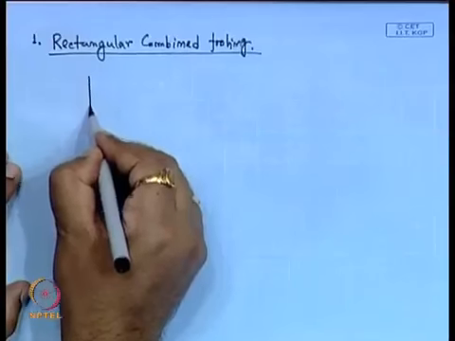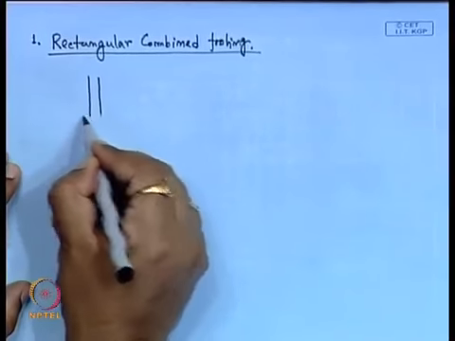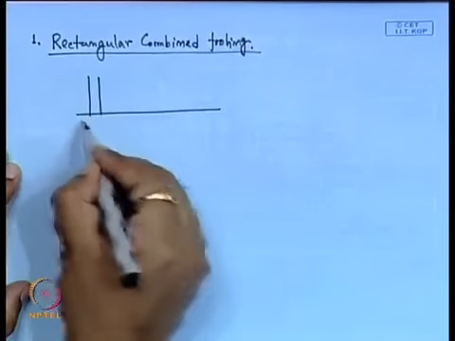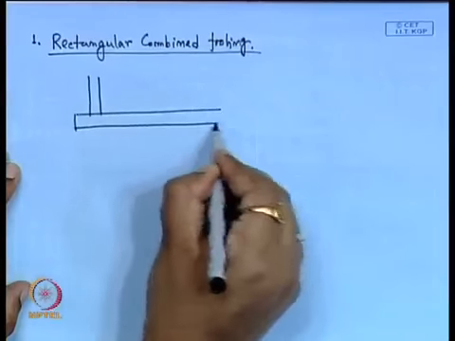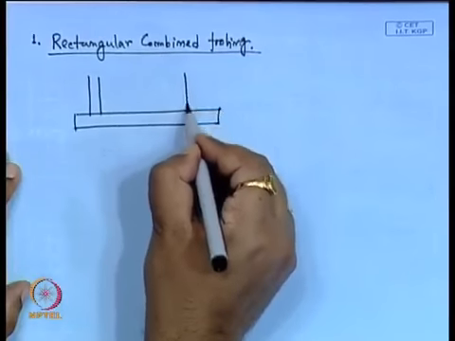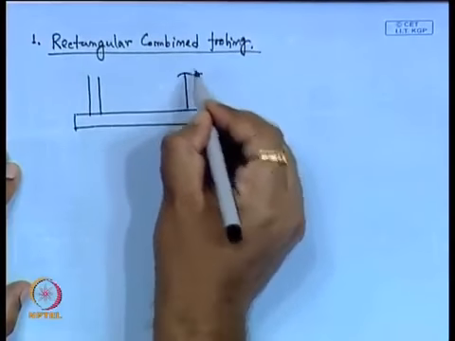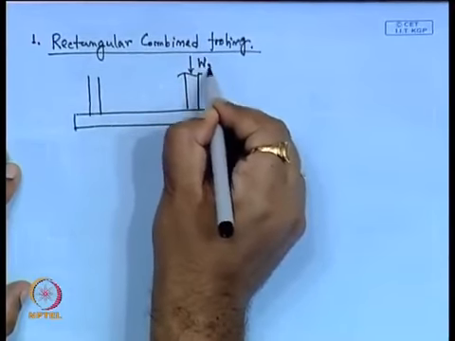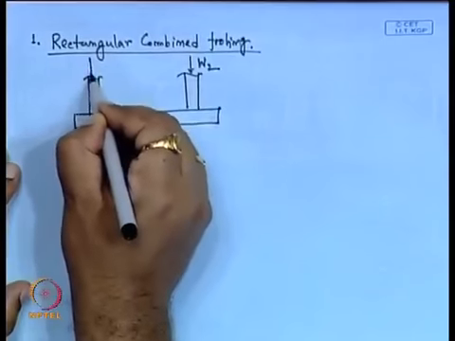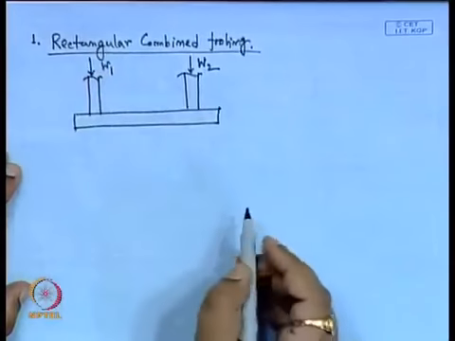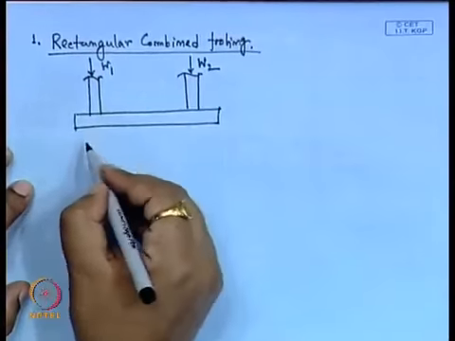Suppose this is the sectional view of the rectangular combined footing, where two columns are combined by a single footing. W2 is the load acting on the first column, and W1 is the load acting on the second column.